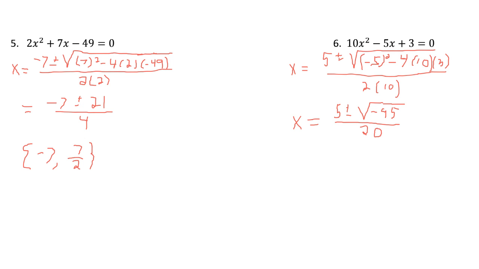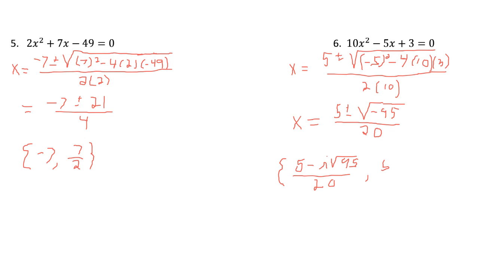So when I'm solving this, I'm going to get 5 minus i root 95, because root 95 doesn't reduce, all over 20. If they do reduce, you reduce them.